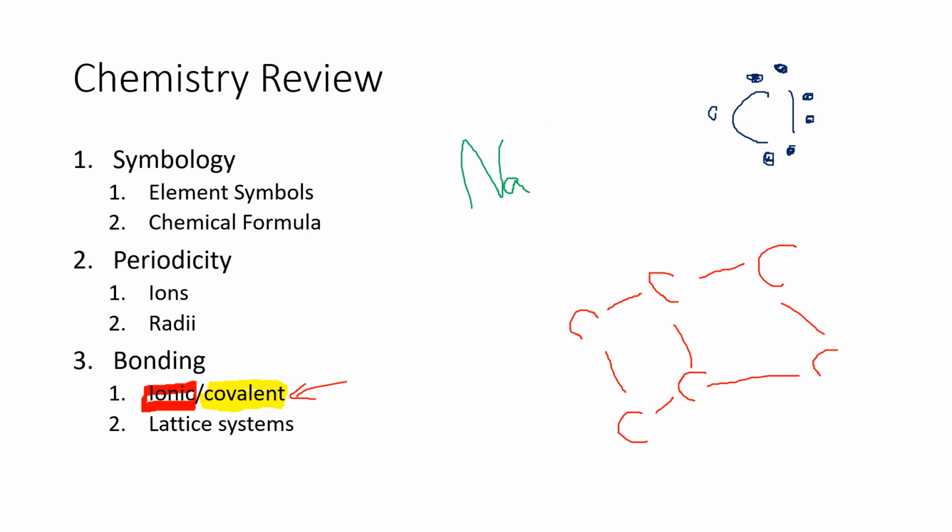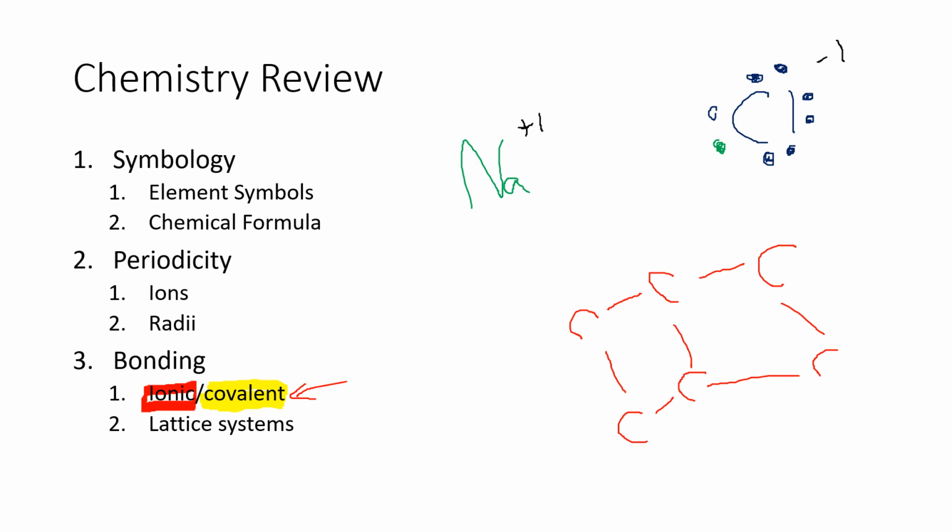Well, what happens is this chlorine just straight up steals that electron from the sodium. Now, in the process, this sodium has lost a negative charge in the form of that electron, so it's now a positively charged ion, and this chlorine has gained a negative charge and is now a negatively charged ion.